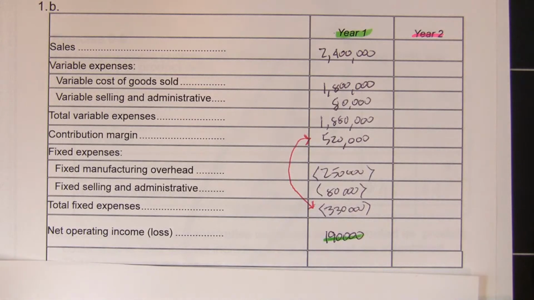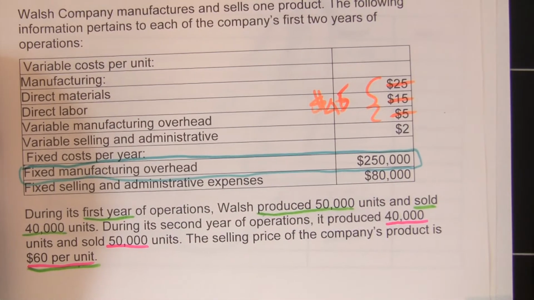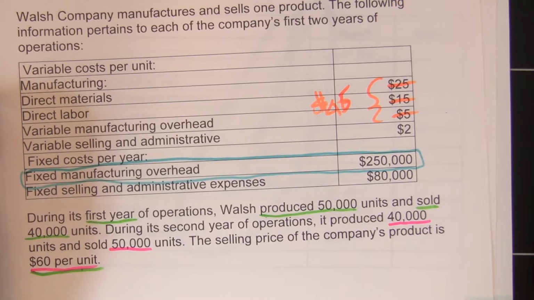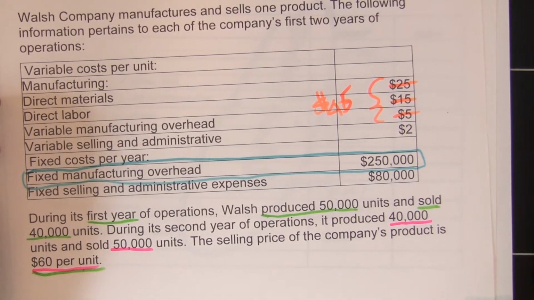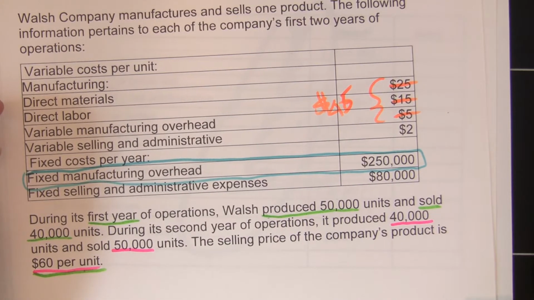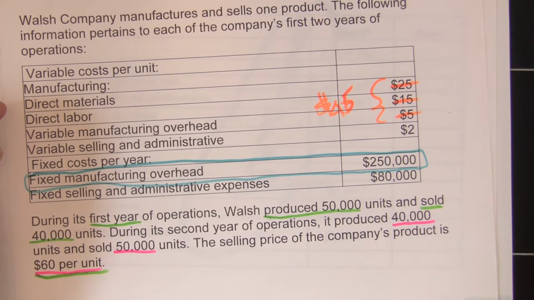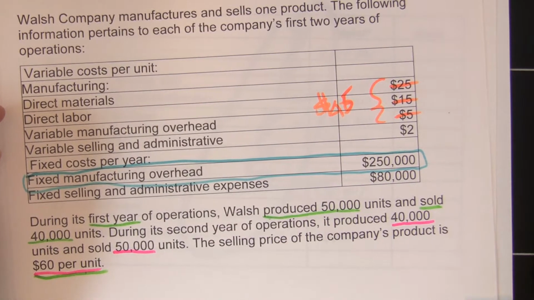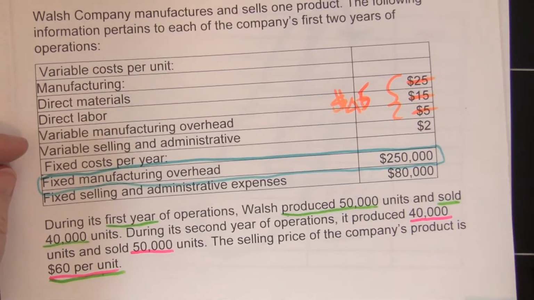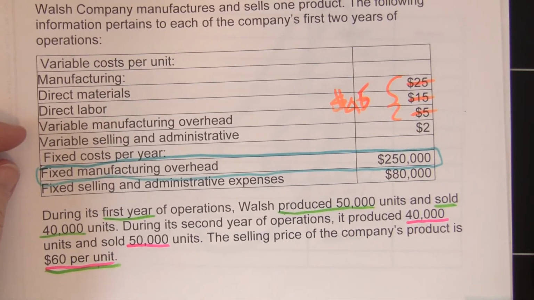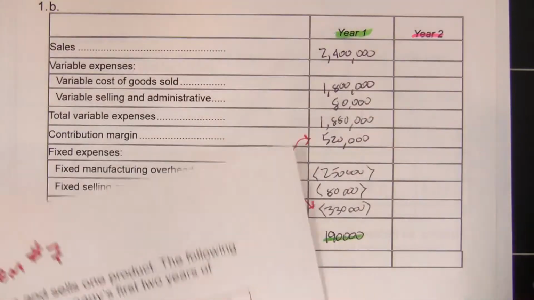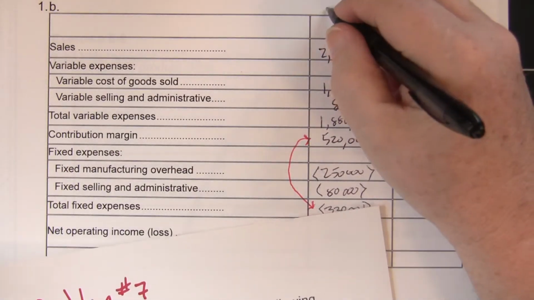Now remember, year one, we made 50, we sold 40. Year two, we made 40 and sold 50. That's not going to matter under the variable costing. It will matter when we do the absorption costing method. So remember, this year they sold 40,000 units.